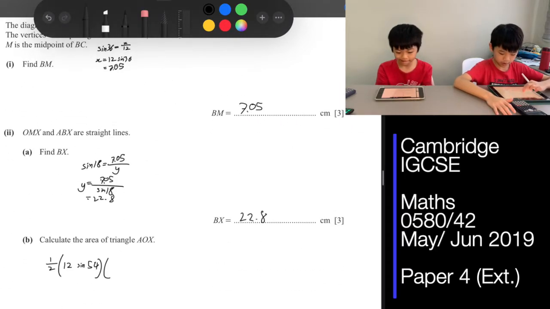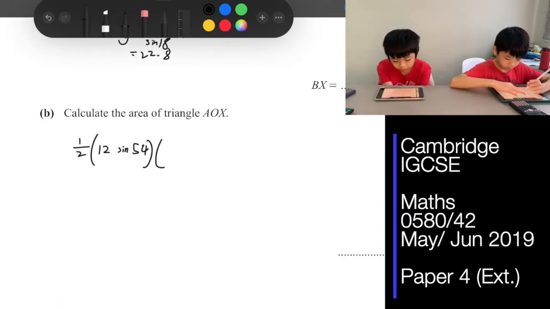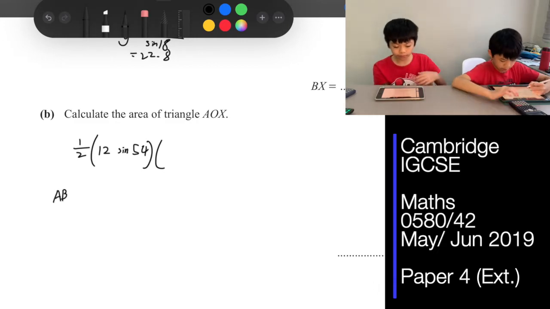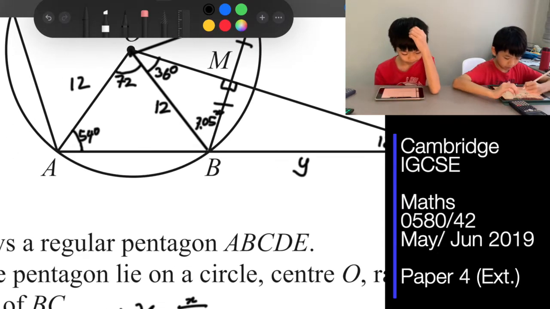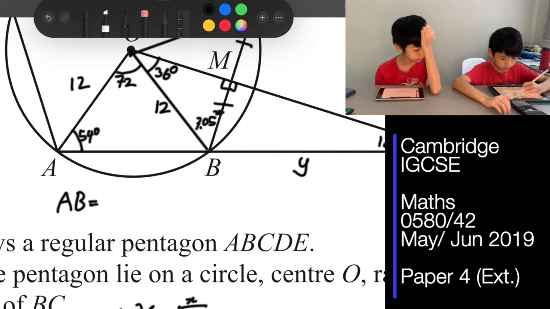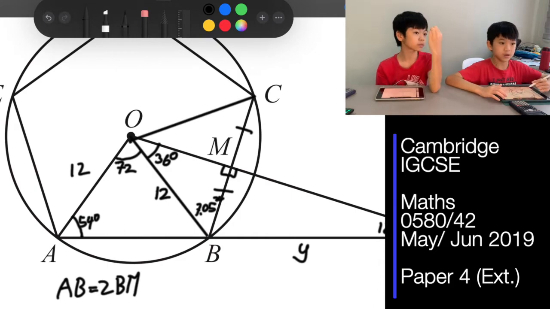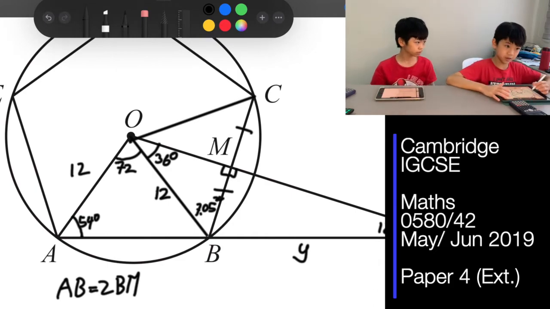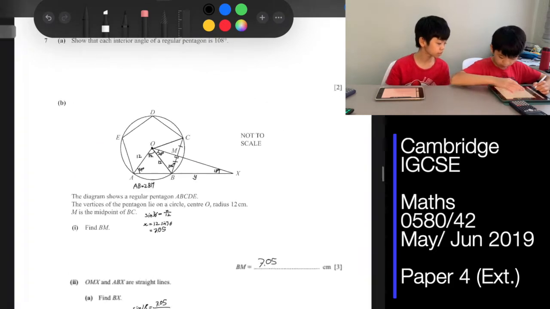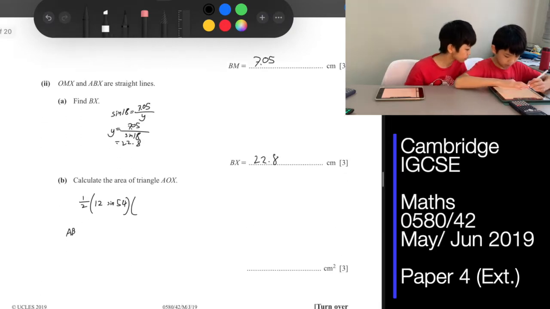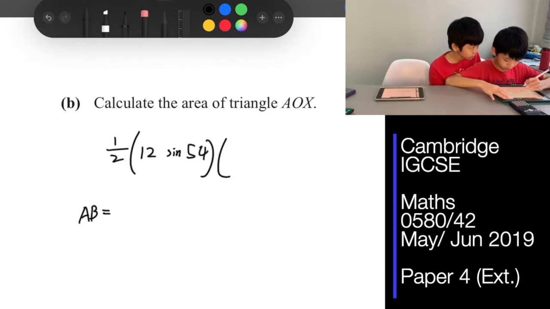So now we got BX, so all we need to do is find AB. And keep in mind that AB is equal to 2BM because it's a regular pentagon. So BM is 7.05, AB is equal to 14.1.